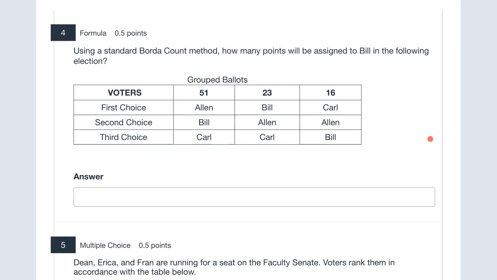Another Borda count one with 3 candidates. Now the group ballot totals changed, so 3 points, 2 points, 1 point, and who are we doing? We're doing Bill here, right? So 2 times 51, 3 times 23, 1 times 16.